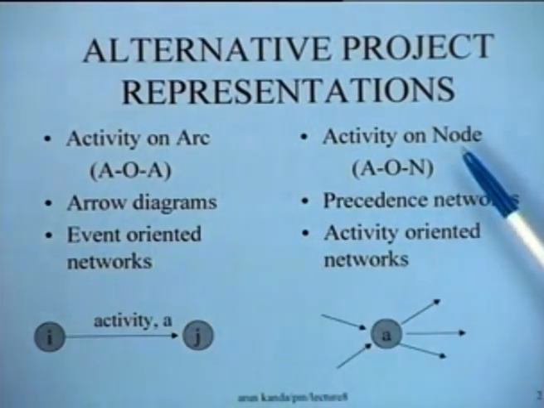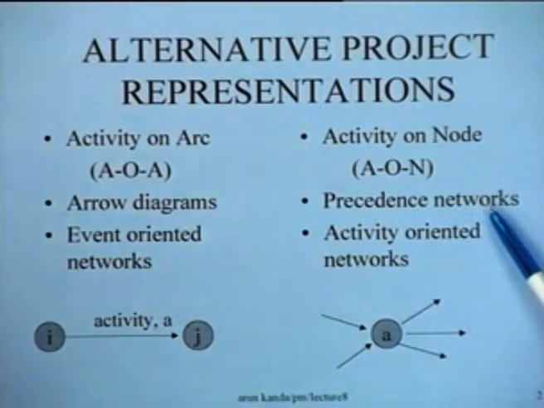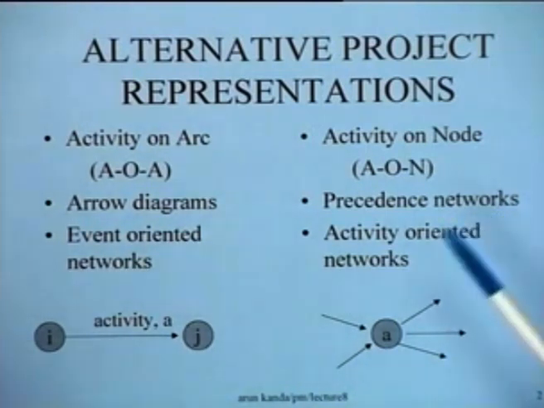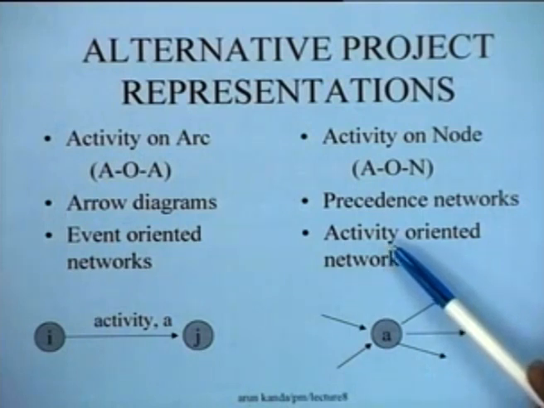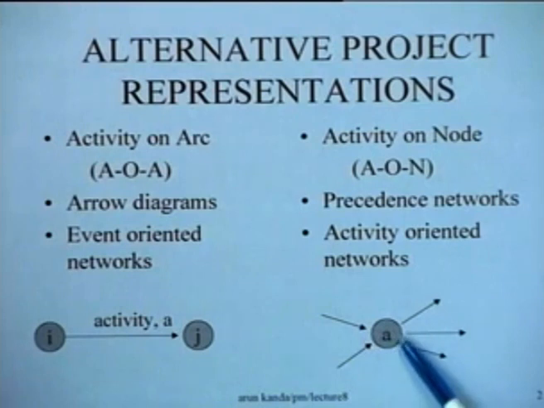On the contrary, when you refer to an activity on node network, these networks in common parlance are also known as precedence networks, and the kind of algorithms used for scheduling here are typically referred to as activity oriented algorithms, because each node on the network is now representing an activity, and it is not representing a point in time or a milestone as it was in the AOA network.